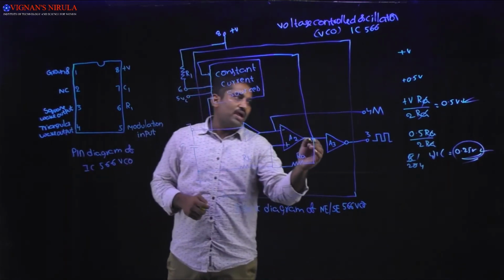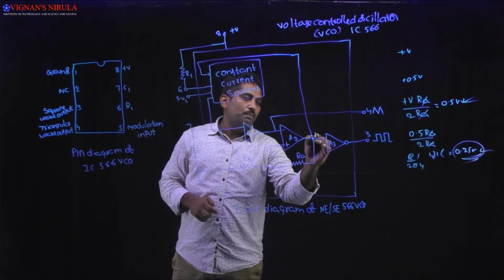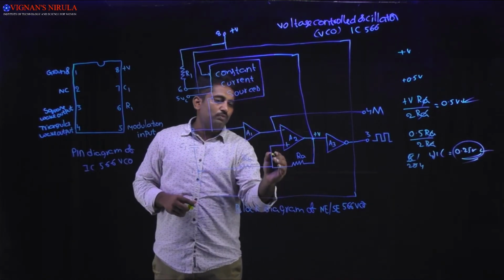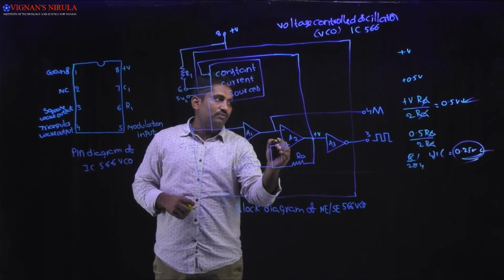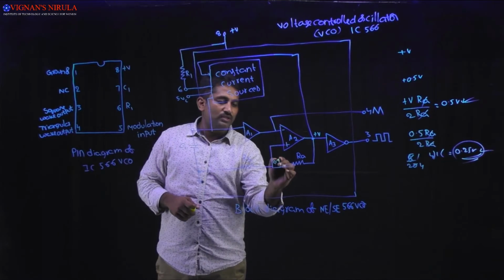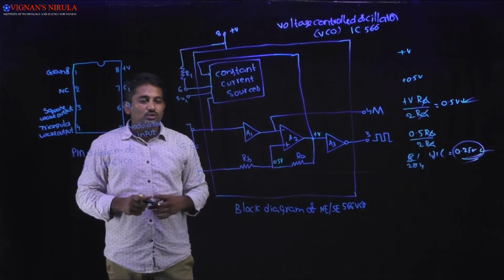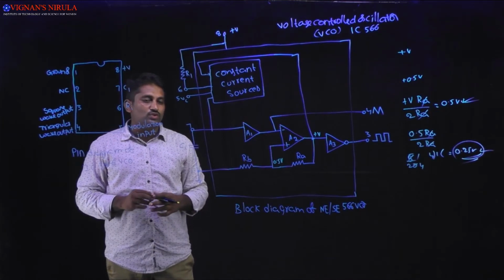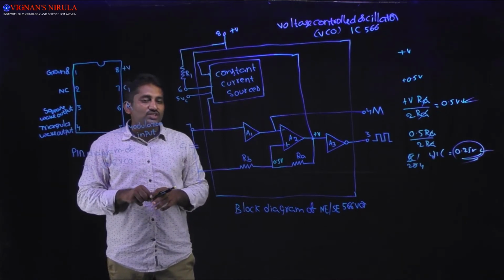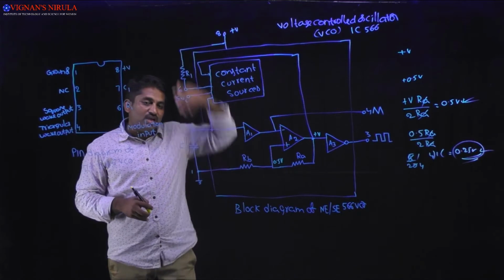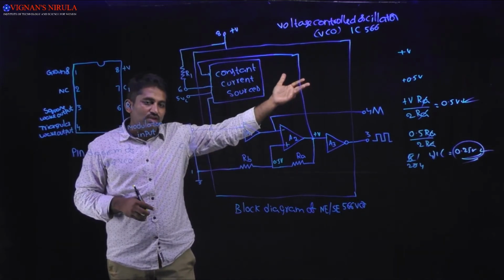Suppose the output of the Schmitt trigger is plus V, then what about the non-inverting input terminal of the Schmitt trigger? 0.5 volts. Then the capacitor is charging towards 0.5 volts.